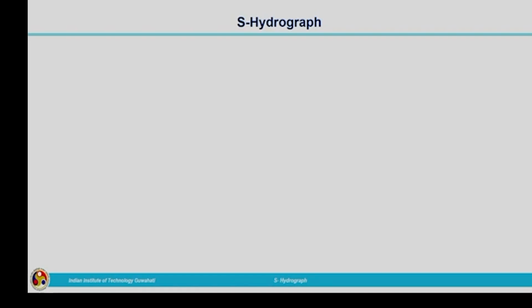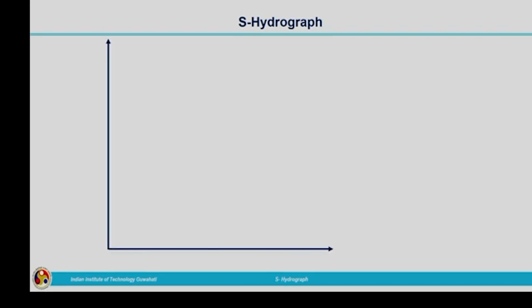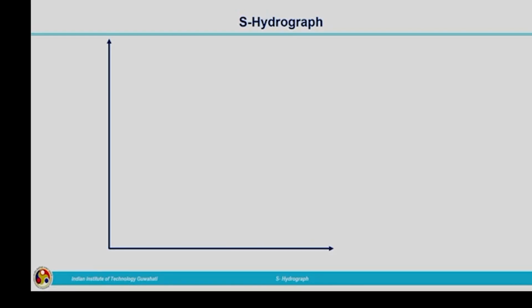Now, how to derive the S-Hydrograph? Here we have seen the number of effective rainfall pulses, or unit hydrograph responses, required for deriving the S-Hydrograph. Now, let us look into the steps involved in deriving it. We already know the S-Hydrograph is the direct runoff hydrograph produced at the outlet of the catchment when it experiences rainfall of 1 by D centimeters per hour starting at time t equal to 0 and continuing indefinitely at that rate.